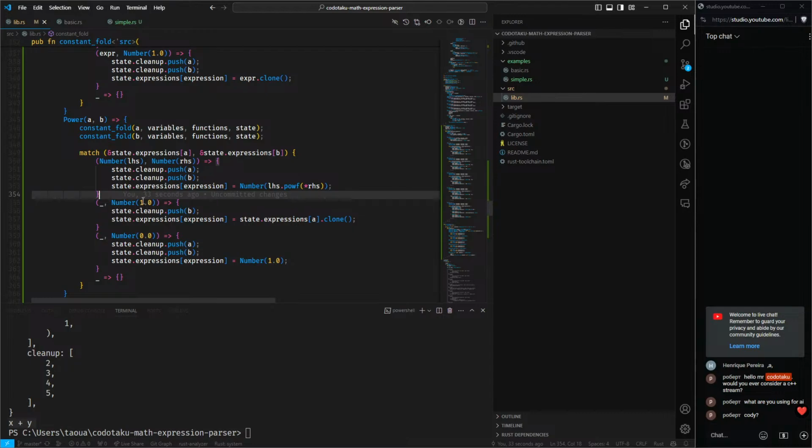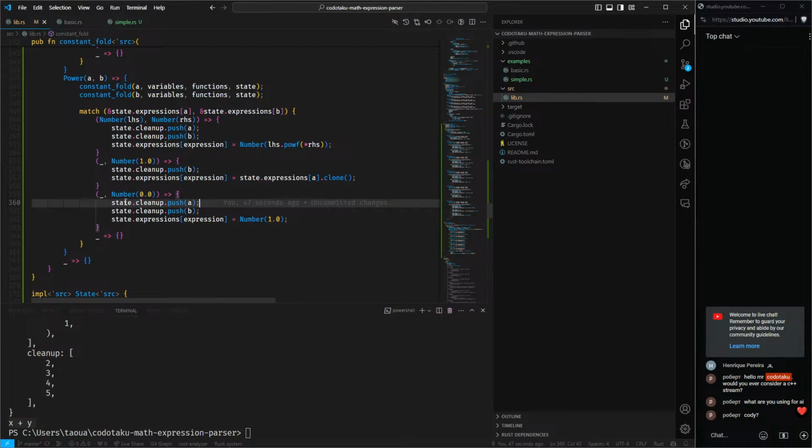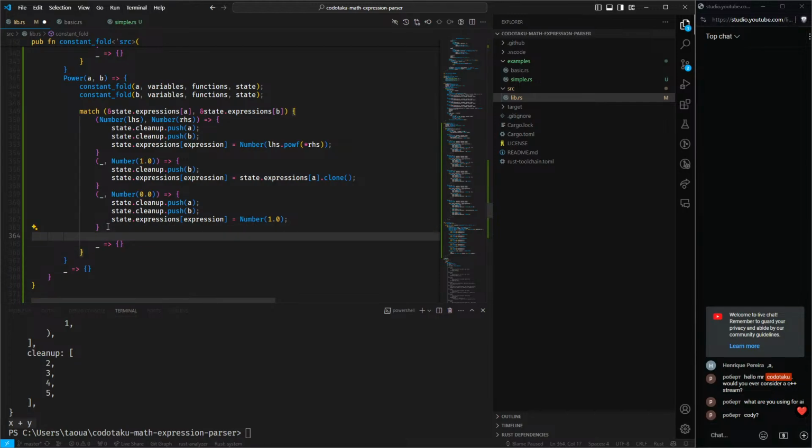So any expression to the power of 1 would be itself. Hold on, what the heck? Hold on. Yeah, pretty much. Yep, makes sense. And anything to the power of 0, of course, would be number 1. So that's good. Unless there are some exceptions I haven't considered, other than the floating point exceptions that I don't care about.